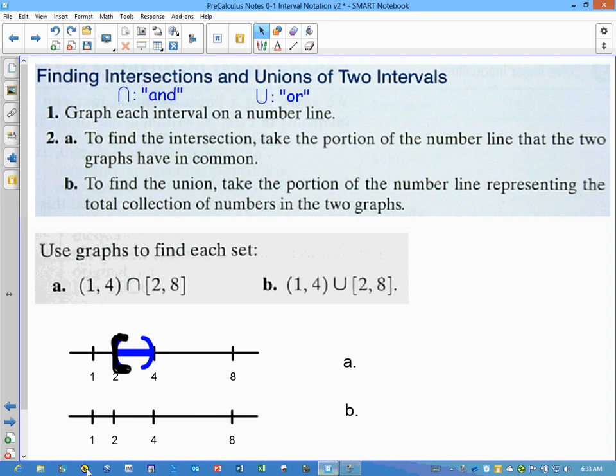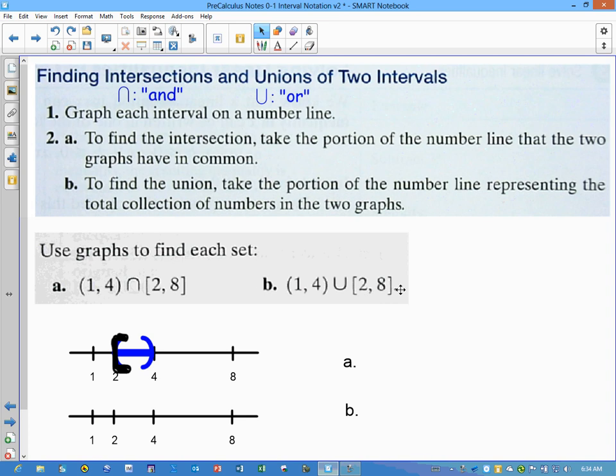So our critical numbers again are 1, 2, 4, and 8. So we're going to shade in everything between 1 and 4. Everything from 2 to 8, so 1 to 4 was already shaded, so 2 to 4 is already shaded, so we're shading that all the way up to 8. So basically everything from 1 to 8 is going to get shaded.